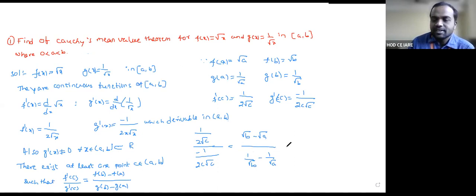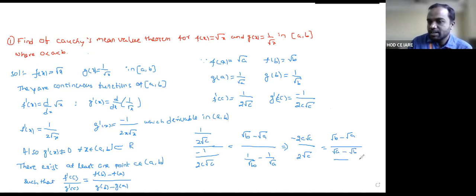you can get the value. We are getting minus 2c root c by 2 root c is equal to b minus a, and we write root b minus root a by root a minus root b by root ab.